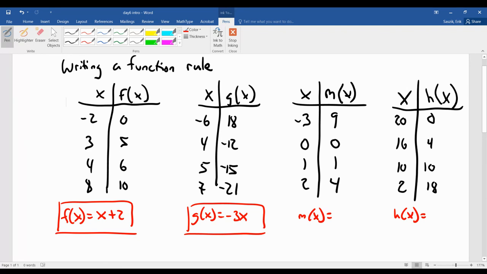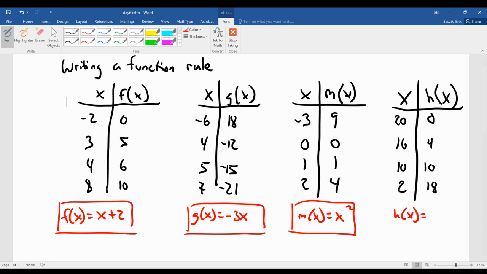So what do I do? This is where you've got to think a little bit past your basic arithmetic. I think about exponents here. What's -3 squared? -3 times -3 is 9. How about 0 times 0? 1 times 1. Yeah, it works for all. It's m of x equals x squared.